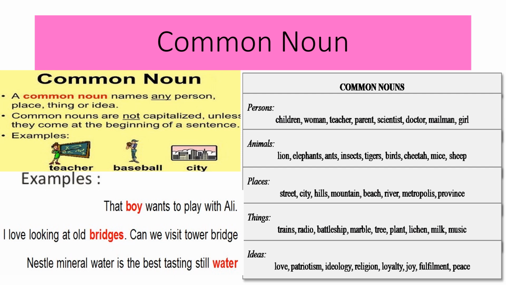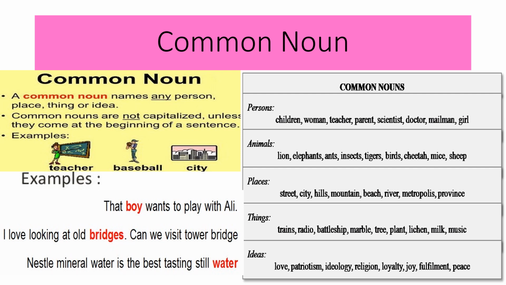For a person, you could also use children, woman, teacher, parent, scientist, doctor, mailman, girl, etc. And for animal, you can use lion, elephants, ants, insects, tigers, birds, cheetah, mice, sheep, and any other animal that you know.